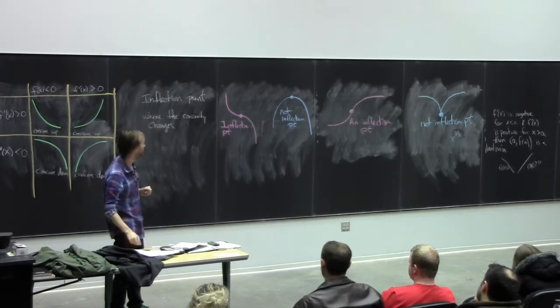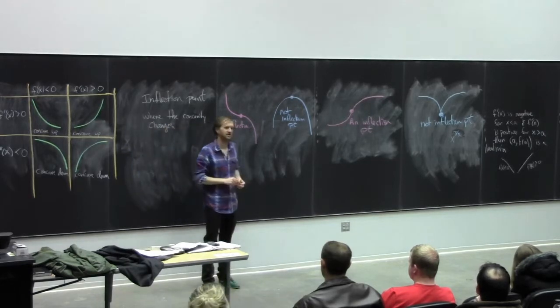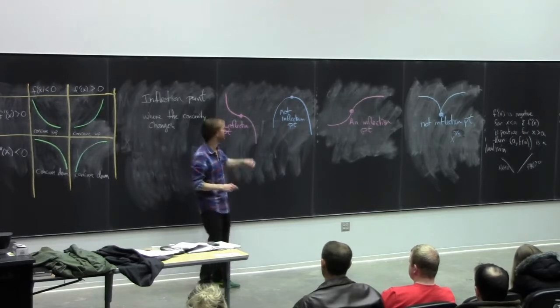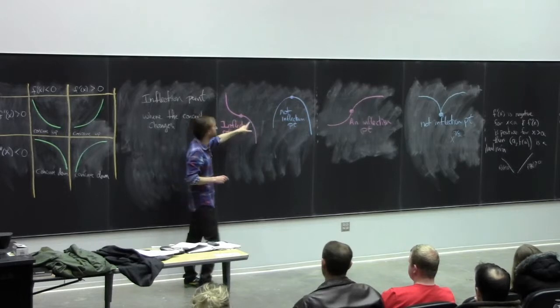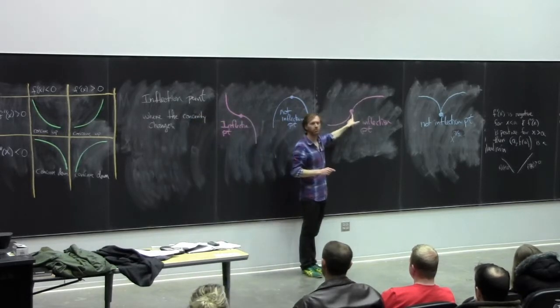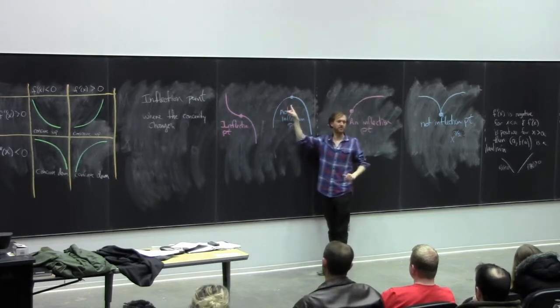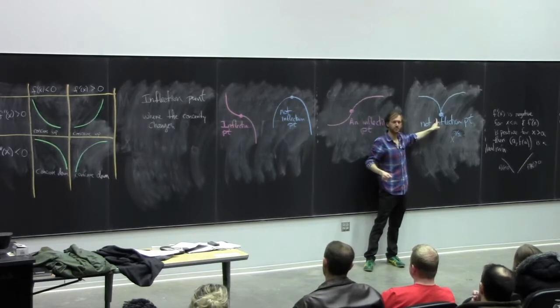Inflection point, oh, this is confusing. Non-inflection points help us find maximums or minimums. Look at this. Is this a maximum or a minimum point? Is this a maximum or a minimum point?